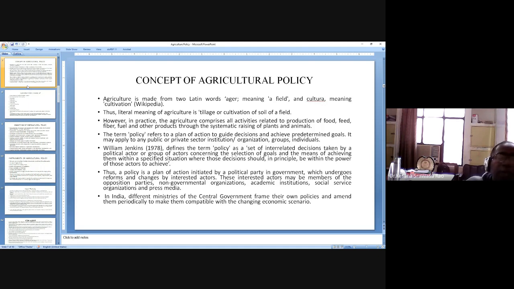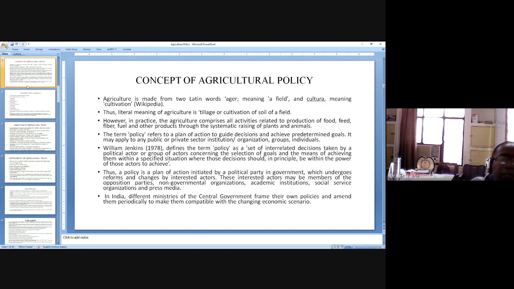A policy is a plan of action initiated by a political party in government which undergoes reforms and changes by interested actors. These interested actors may be members of the opposition parties, non-governmental organizations, academic institutions, social service organizations, and also the press and media.